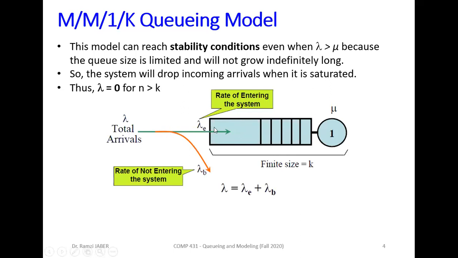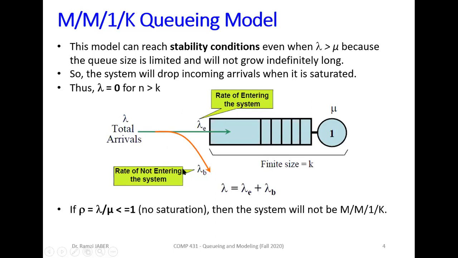So the entering rate will be lambda E, effective lambda, who enters the queue with finite size K. Here in the queue we have K minus 1 and 1 in the server, so it will be K. And we have lost customers here, dropped customers, by lambda B. So total lambda will be equal to lambda E who enters plus lambda B who drop or exit or return or lose.